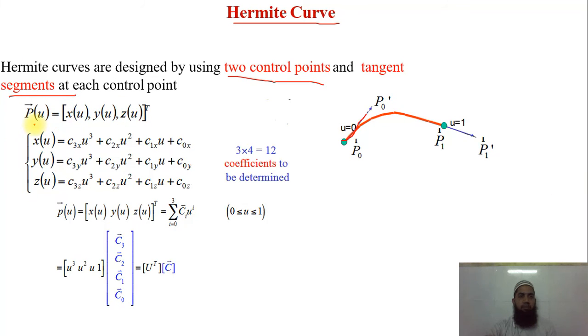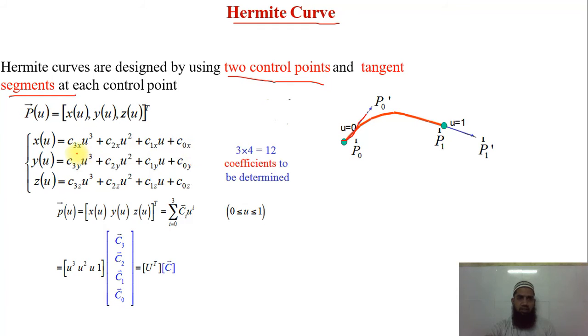We have the same p of u, the function of u: x of u, y of u, z of u. I am writing it in the form of coefficients: x of u with c3x for u cube, u square, u and a constant.